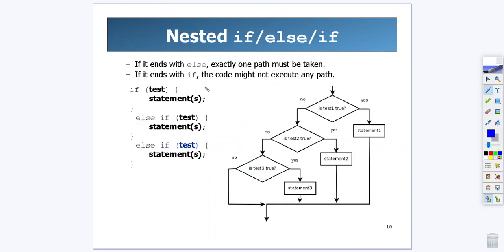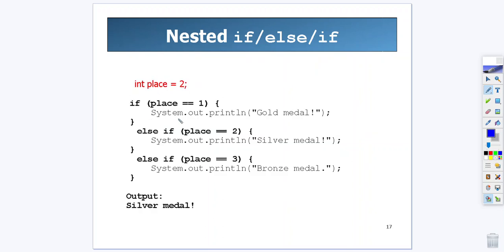But if I end with an if, it's possible you do nothing. Like here, if I get first place or second place or third place, I do something. But if I don't get first, second, or third place, there is no default else. So I either do something for first, second, or third, or I do nothing.